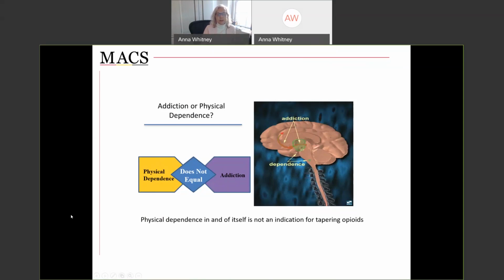So physical dependence in and of itself is not an indication for tapering opioids.